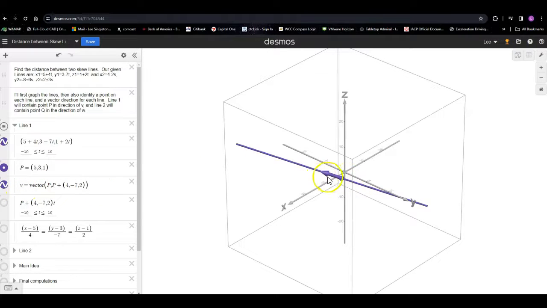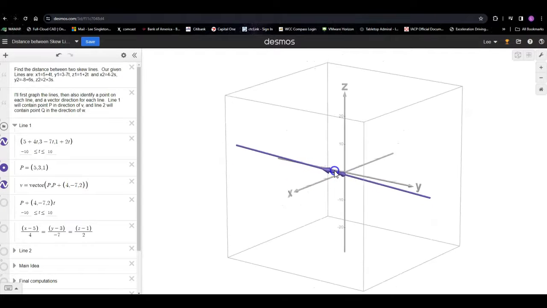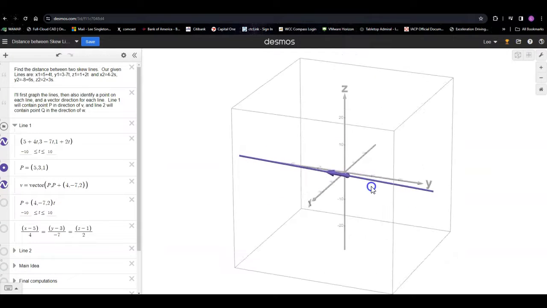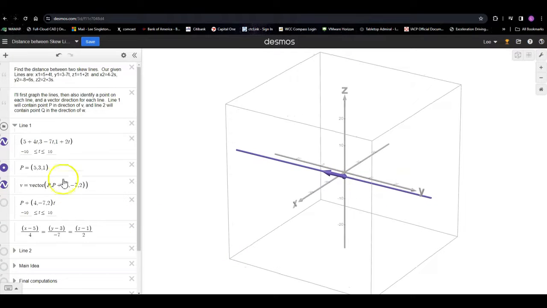You can see that right here with the endpoint, that's my dot, and then the arrow pointing, in this case, to the left, toward this negative y direction. So that's what I'm looking at right there.